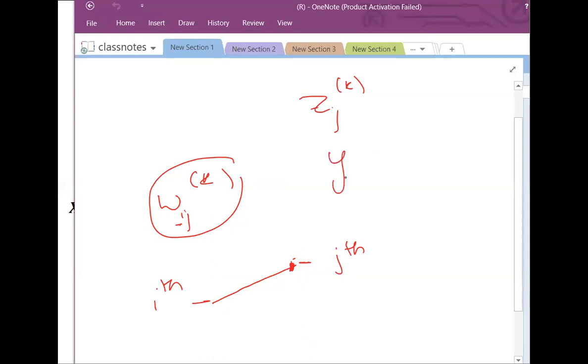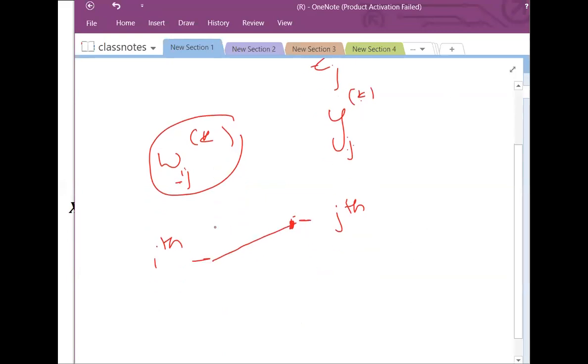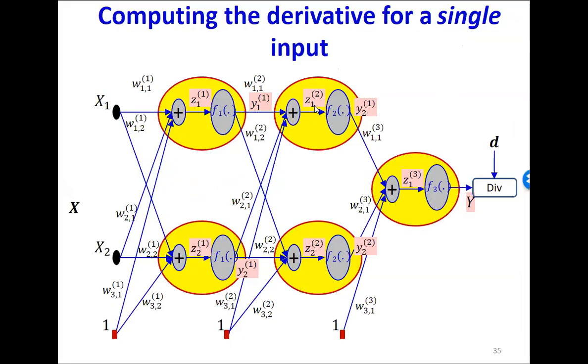If I write y_j^k, then this is going to be the output of the jth neuron in the kth layer. So the subscript is the neuron index, the superscript is the layer index.